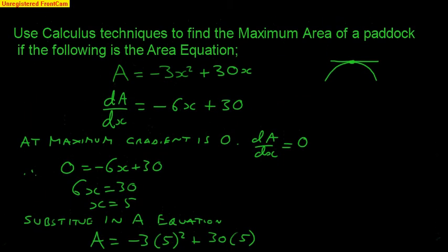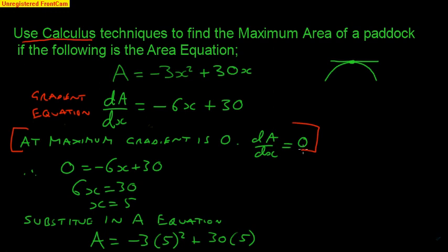Let me just go through that again and highlight the things you need to do when you're doing this. So the keywords in the question will be "use calculus techniques". First of all, you find the gradient equation. Then you must put in this explaining statement, that is that at the maximum, or if you were doing a minimum, the minimum, the gradient is 0.